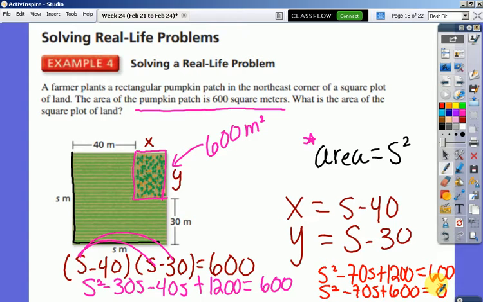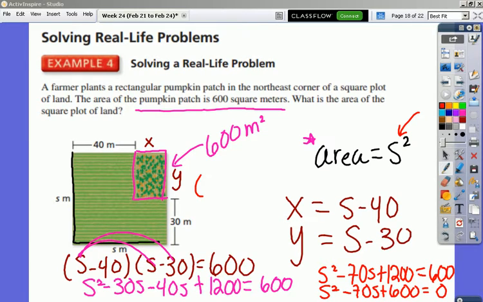Now you can factor by the x method, solve for the value of s, and then square it, and you'll finally get your answer. So go ahead and try to factor that, and then we'll check. Okay.